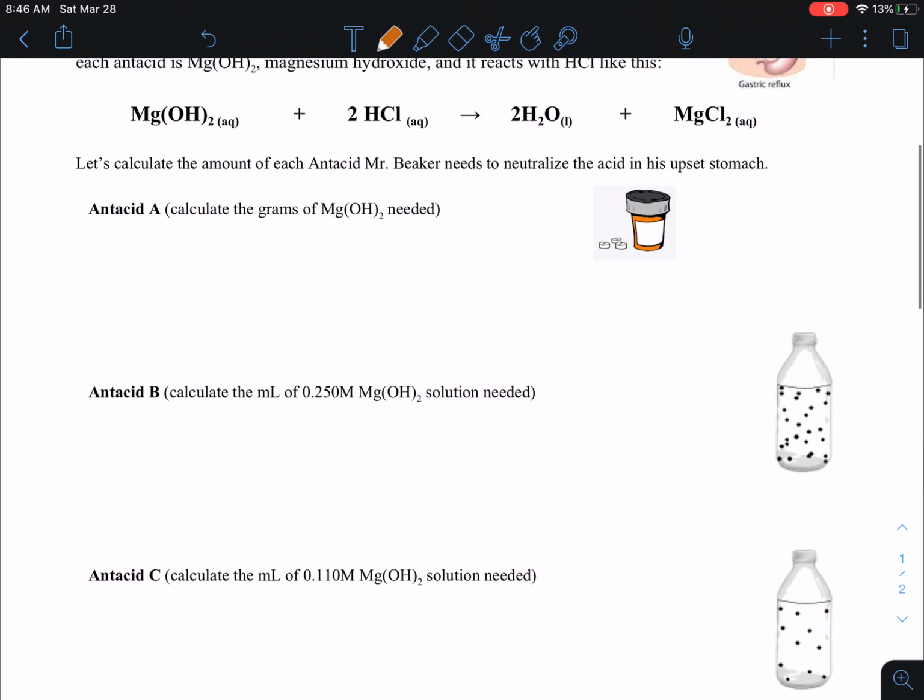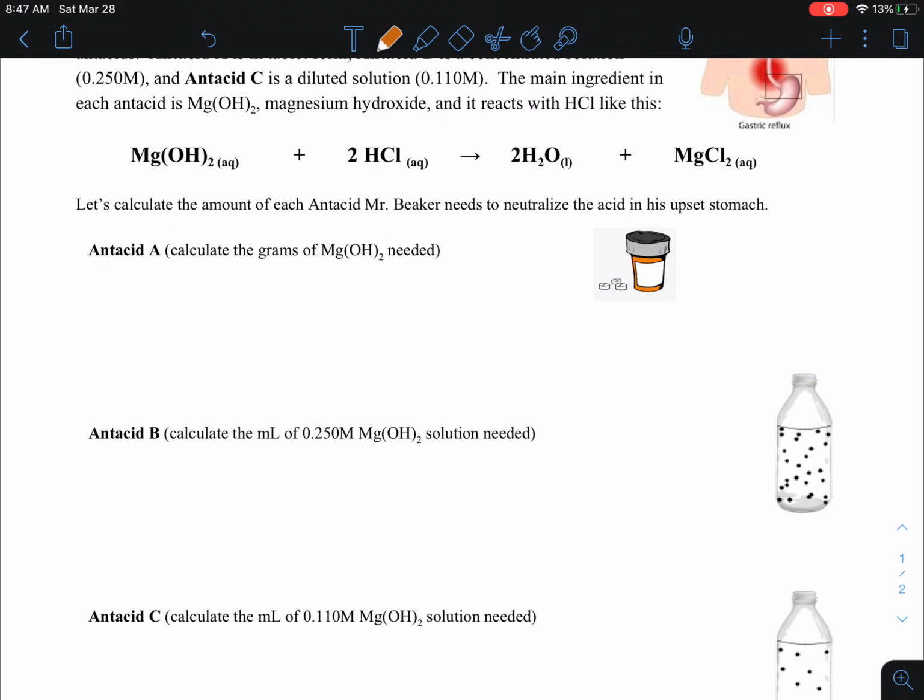So antacid A, we're going to be calculating the grams of magnesium hydroxide needed. Antacid B, we'll calculate the milliliters of the concentrated acid, and antacid C, calculate the milliliters of the diluted acid, or the diluted base, base in each case, magnesium hydroxide. So here we go.